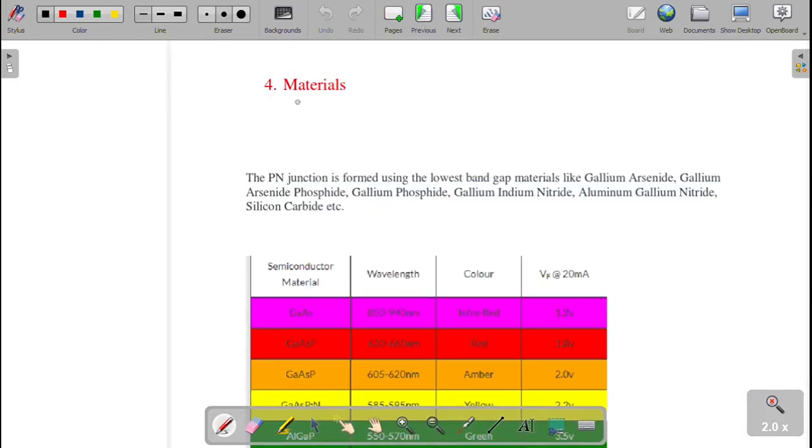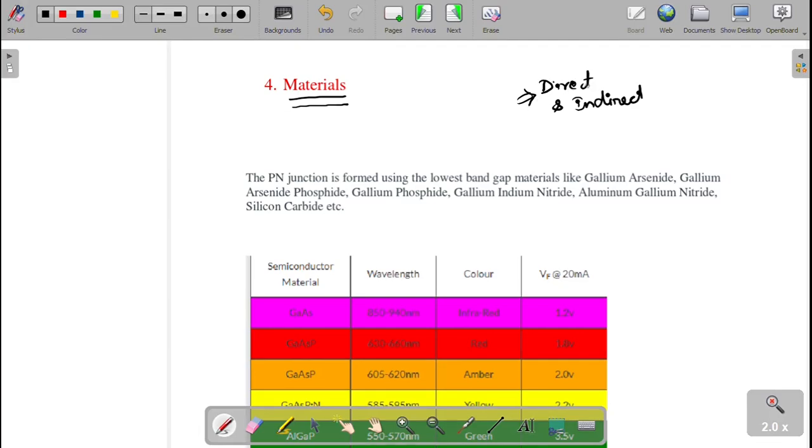Now the fourth one is, what are all the materials used to make LEDs? Here I have given some examples. For understanding of these materials, you must watch direct and indirect band gap semiconductors. For making LEDs, we must use direct band gap semiconductors.